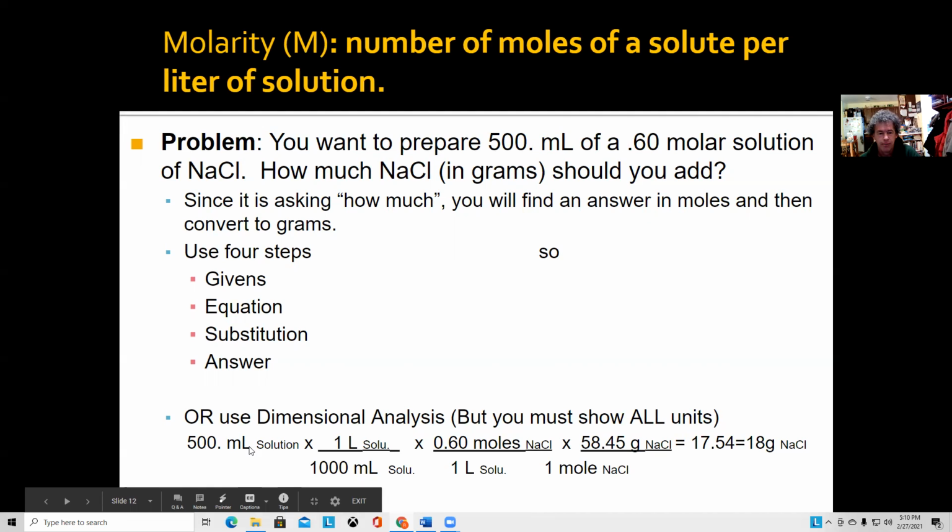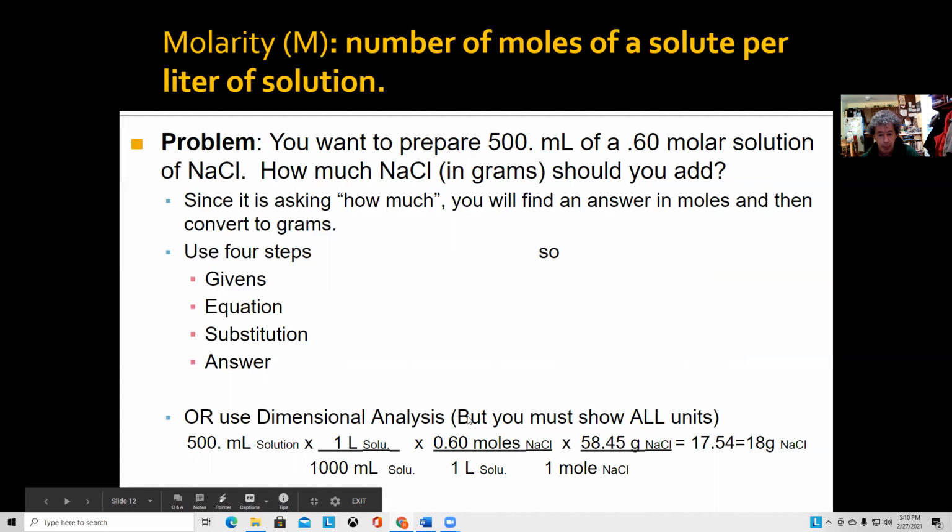So if you had 500 milliliters of solution, 1 liter of solution over 1,000 milliliters of solution, 0.60 moles of NaCl in 1 liter of solution. And notice we've gone from milliliters to liters. And then using molarity, or moles per liter, we're going from the volume that we have in liters to moles.